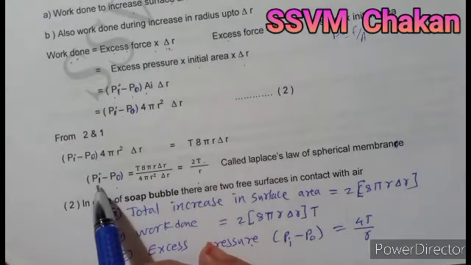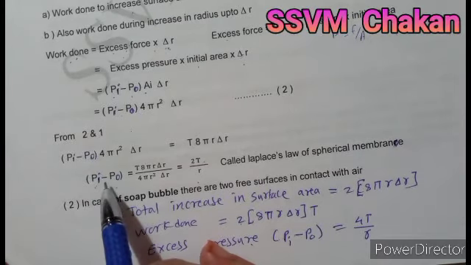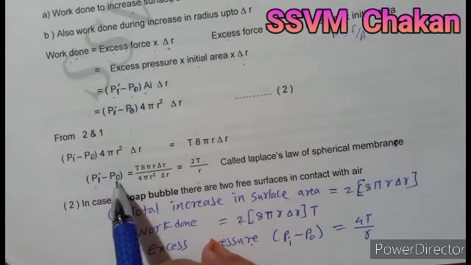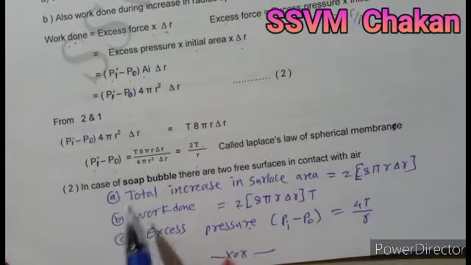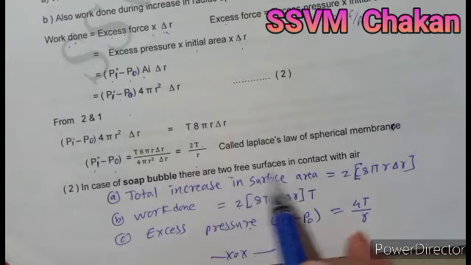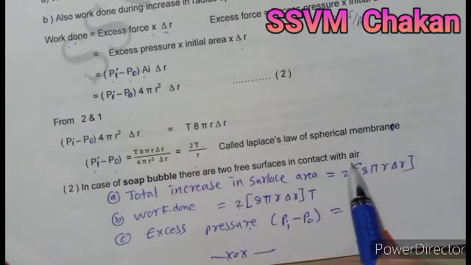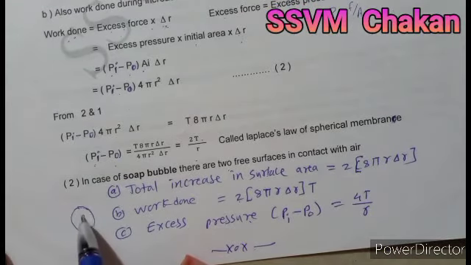P_i is the pressure inside the spherical drop, minus P_0, the pressure outside the spherical drop. In case of a soap bubble, there are two free surfaces in contact with air, because in a spherical bubble inside is also air, outside is also air.